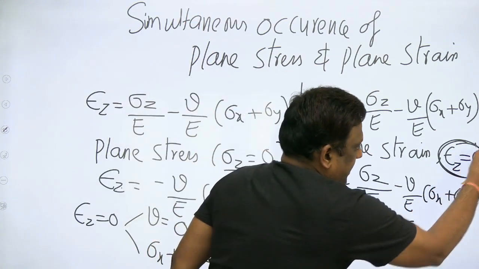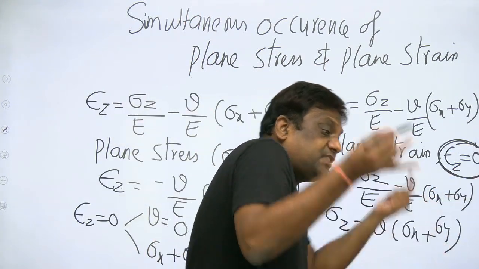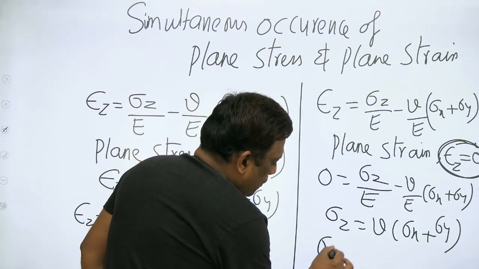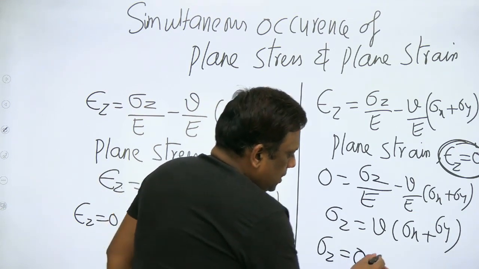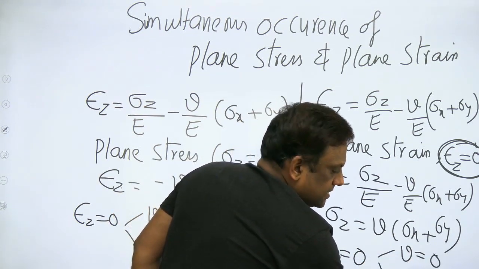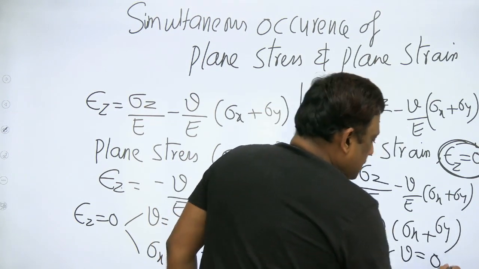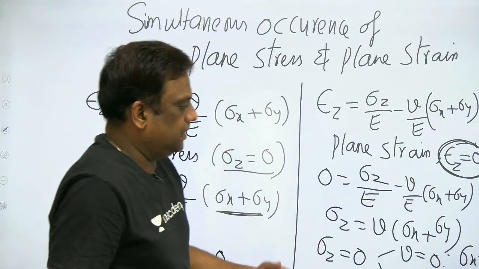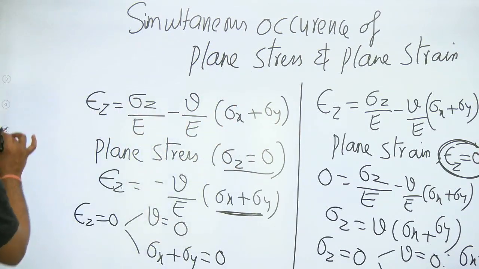Already it is plane strain, epsilon z is 0. But now I want plane stress. So what will happen? This term should be 0. Again, if you want sigma z to be 0, either nu should be 0 or sigma x plus sigma y must be equal to 0.